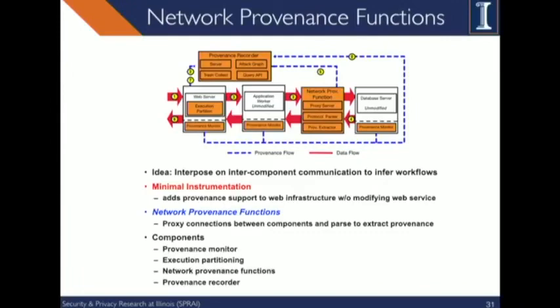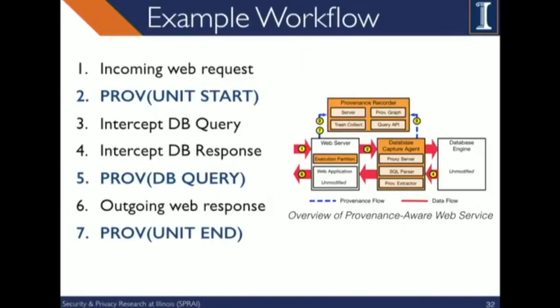And we can spread these proxies all over our web service and have all of that information aggregated into an individual provenance data store. So what we did was perform a minimal modification to the web server, but not the application, in order to facilitate execution partitioning. And then for the rest, we applied these proxies to interpose on components in order to figure out the ways that they're communicating with one another.